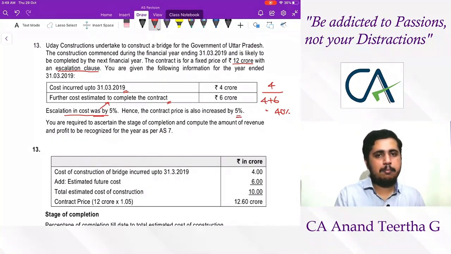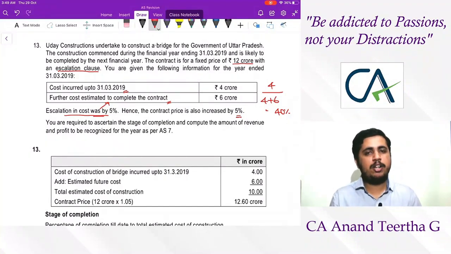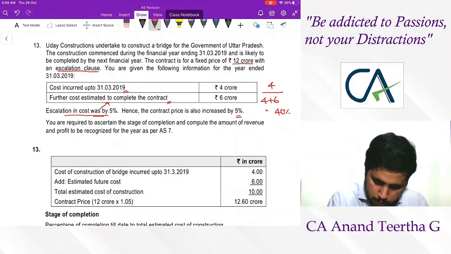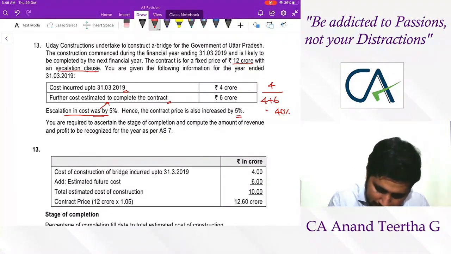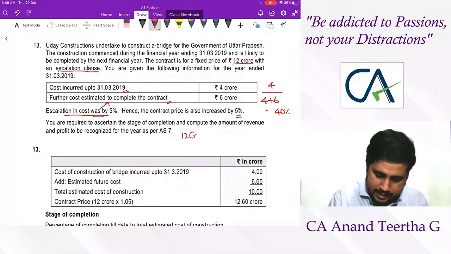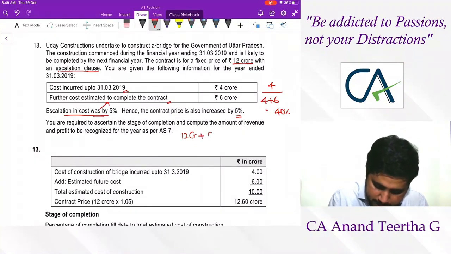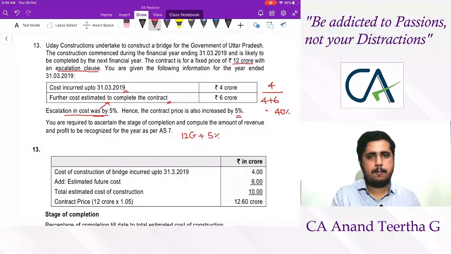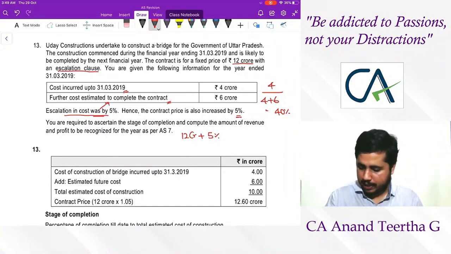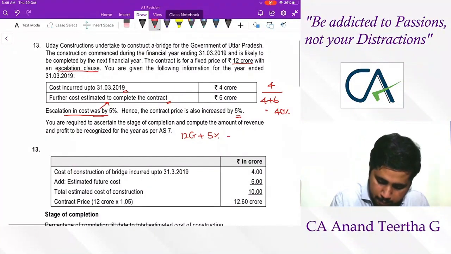This percentage completion is applied on what? It is applied on the contract price to get the contract revenue for the year. So 12 crore is the contract price, but 5% escalation can happen. So plus 5%. Because of that, 12 plus 5% will give us 12.6.